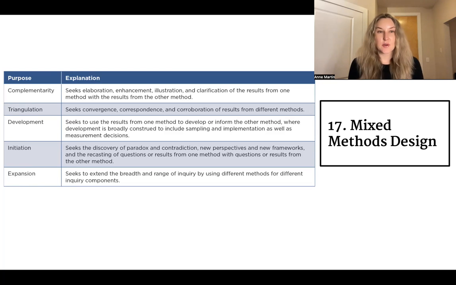Triangulation is a term that you will maybe see in your qualitative article critiques, but it is a research term that is related to the internal validity of the research findings related to the data that were collected. And so triangulation might be a mixed methods purpose, that you are trying to find some type of corroboration from previous methods. So complementary is trying to elaborate on previous findings. Triangulate is trying to enhance the validity of previously found studies by perhaps adding on a complementary design or method.